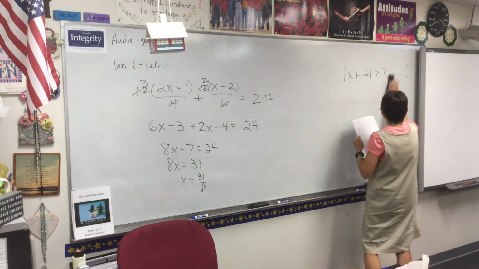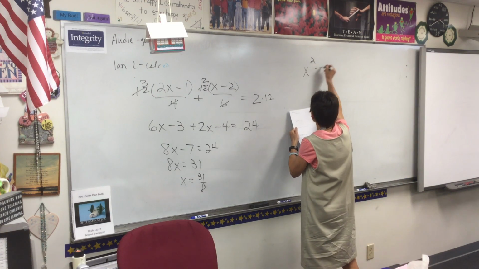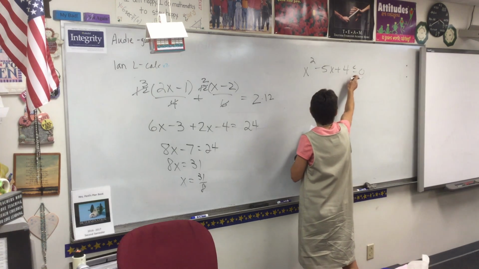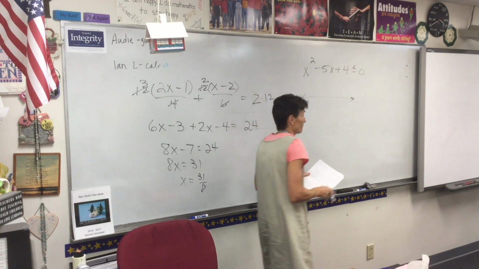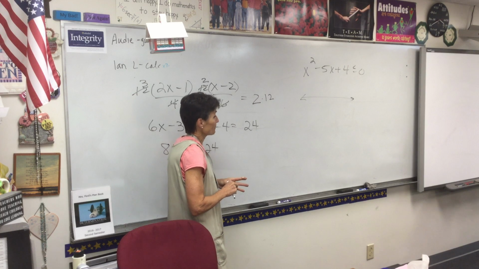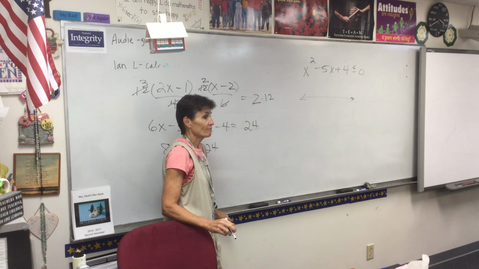All right, now number 3a, I have another inequality. So that means when I see that inequality symbol right there, that less than or equal to, I'm going to draw myself a number line. Obviously, I'm going to put some dots on the number line. How am I going to get the dots? Factor.